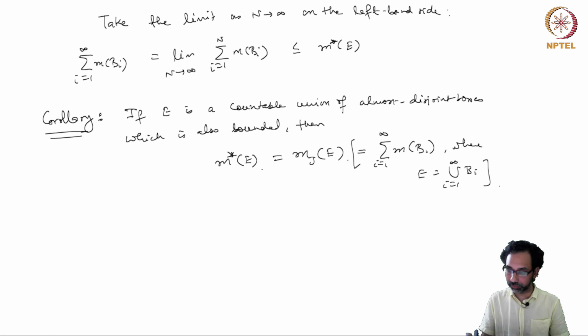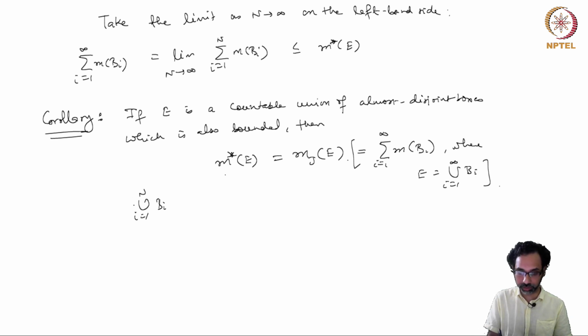Of course we have shown that the Lebesgue outer measure is equal to this sum. To show that the inner Jordan measure is also equal to this sum, we can again apply the finite unions, i equal to 1 to n.